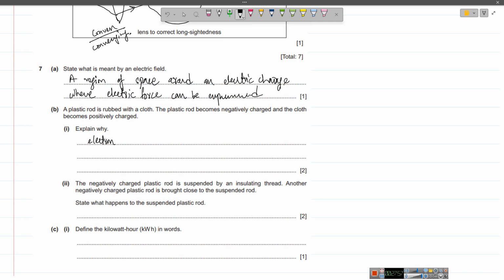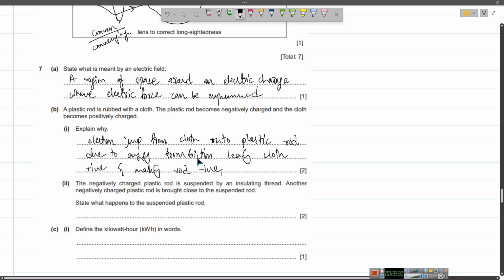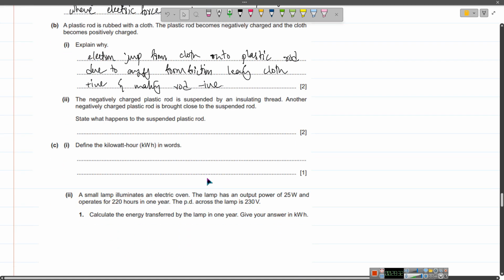Electrons jump from cloth onto plastic rod due to energy from friction, leaving cloth positive and making rod negative, because it has received the electrons and the cloth has lost them.